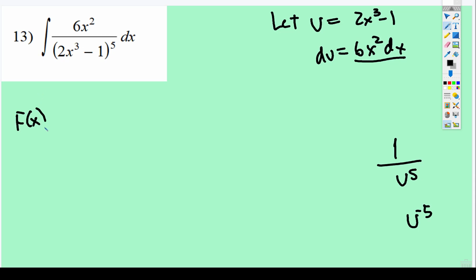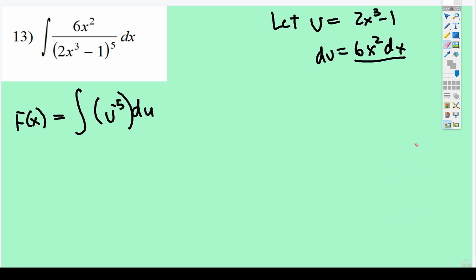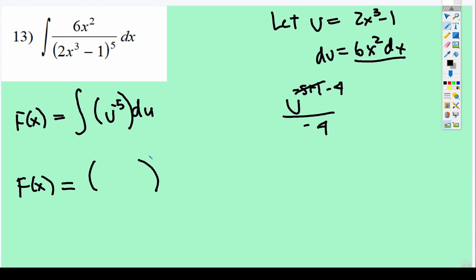So F of x is equal to the integral. I'm going to choose to write it u to the negative 5th du. Except it started to look like a dy. There we go. And then to integrate u to the negative 5th, you add 1, which is negative 4, and then you divide by negative 4. So F of x is u to the negative 4. Uh-oh, that's going to go in the denominator.